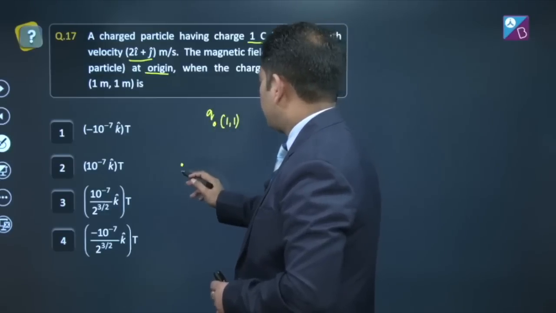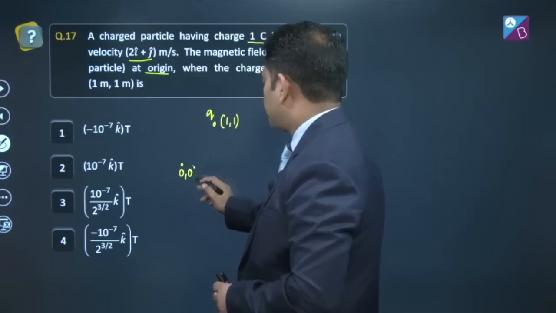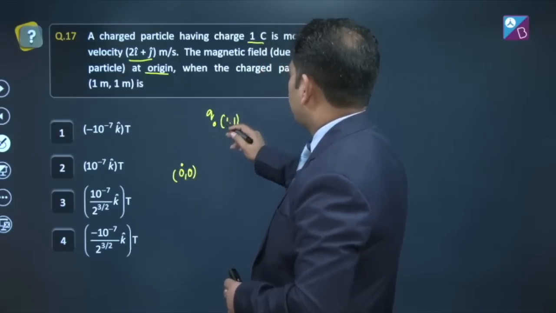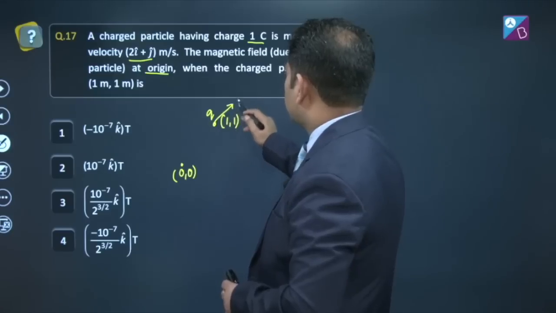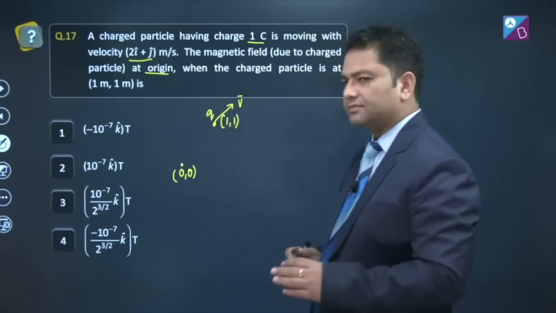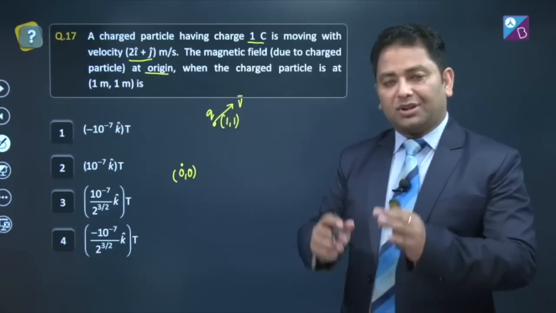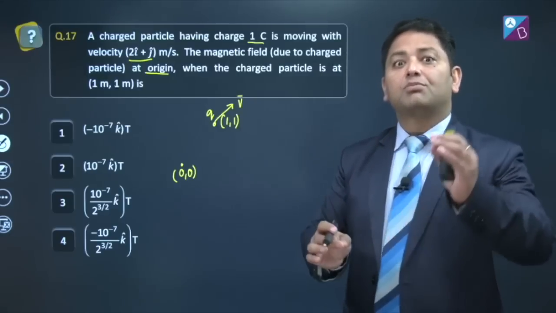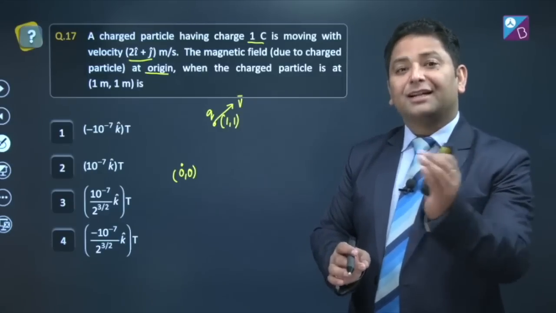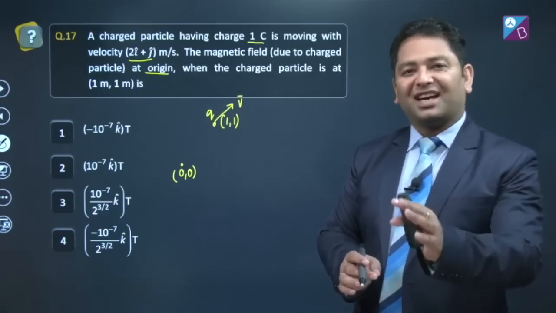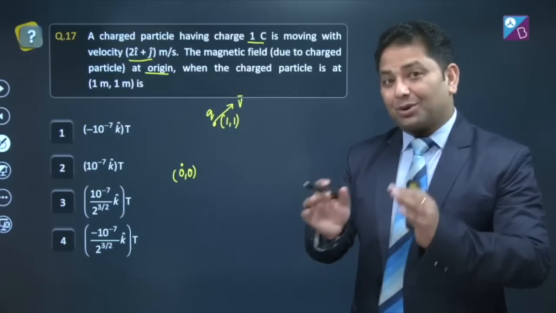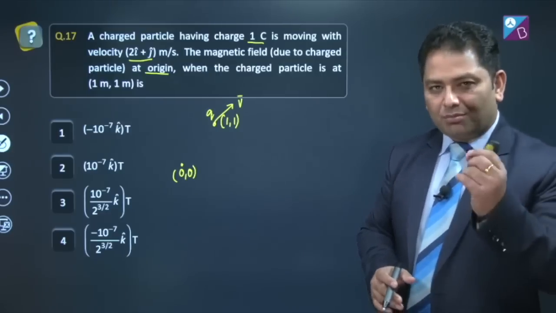You got to calculate the magnetic field at origin and the charge is also moving with a certain velocity. आमतौर पे students do not pay attention to the expression of magnetic field due to moving charge, single charge.